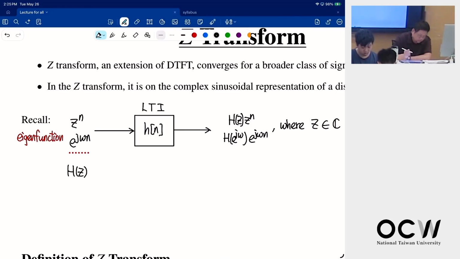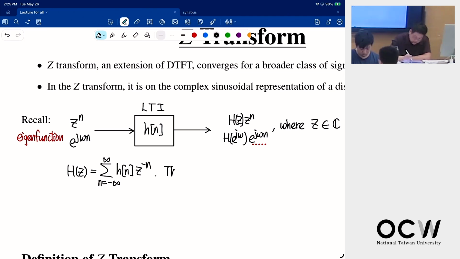The z here is just the Z transform: the sum over n from minus infinity to infinity of h[n] z to the minus n.